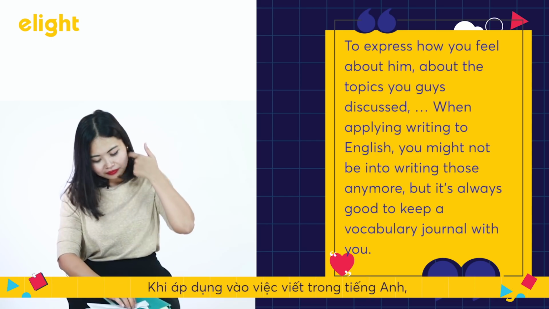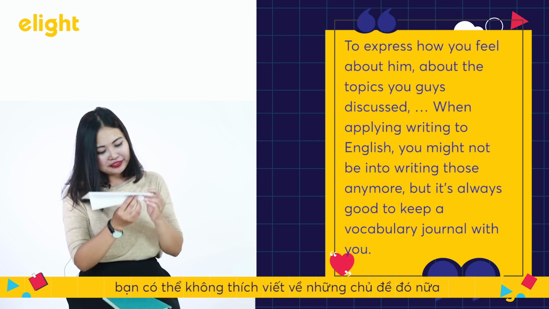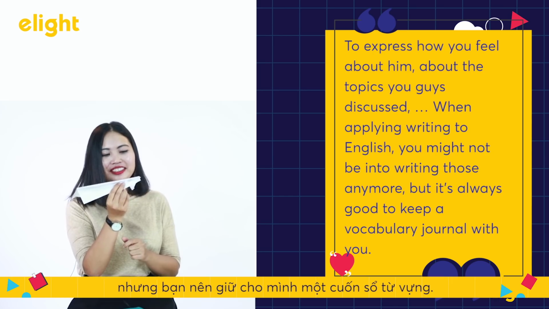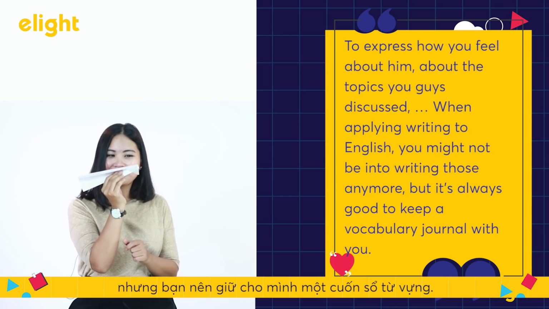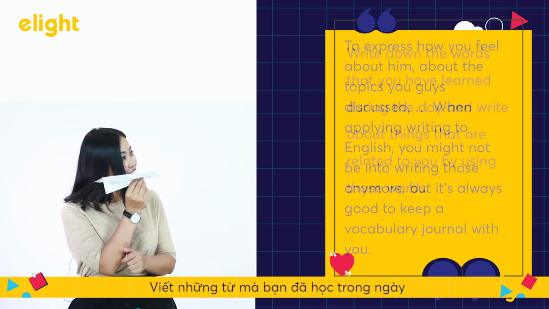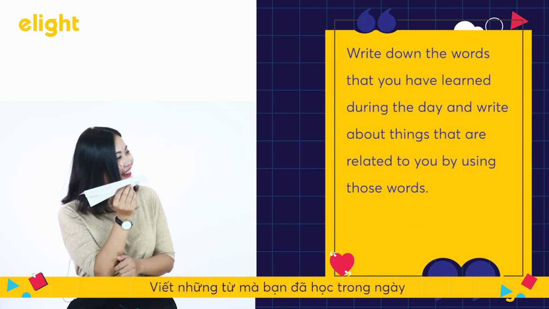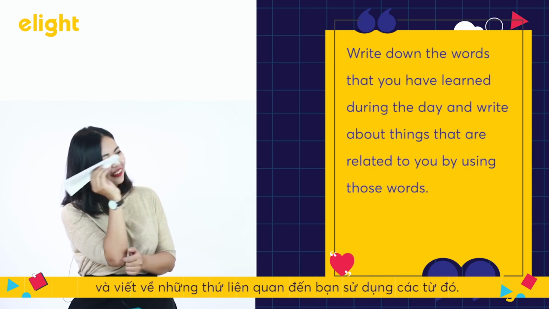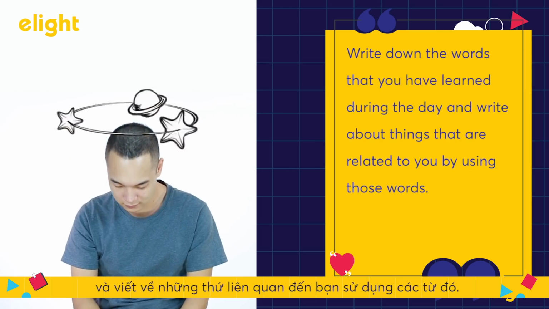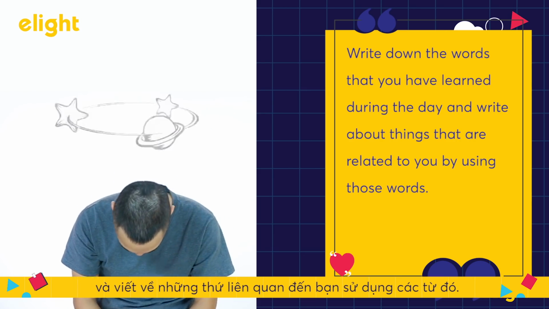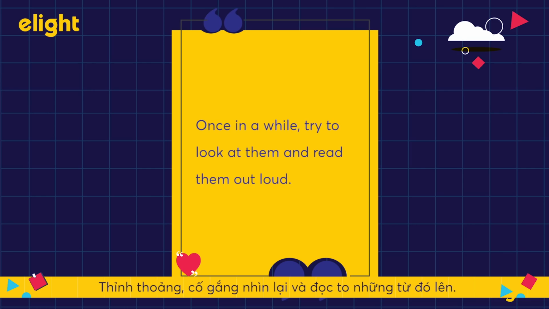When applying writing to English, you might not be into writing those anymore, but it's always good to keep a vocabulary journal with you. Write down the words that you have learned during the day and write about things that are related to you by using those words. Once in a while, try to look at them and read them out loud.